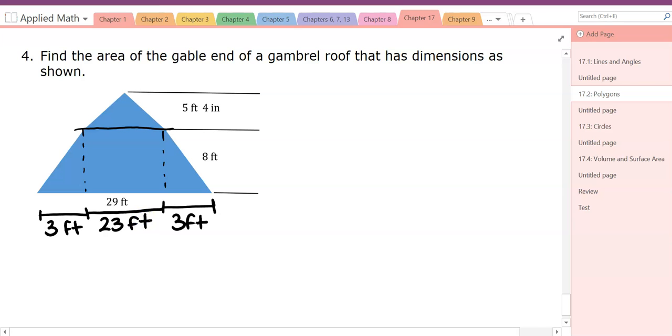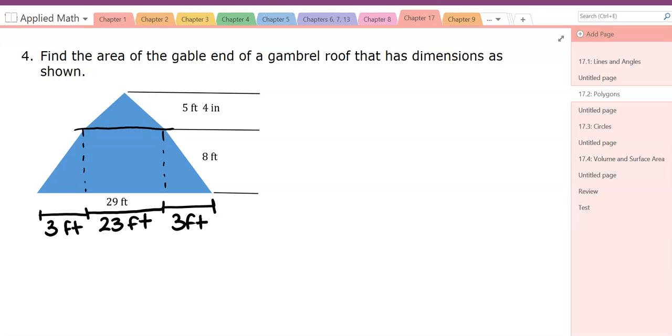That's helpful because we need that 23 feet for the triangle on the top, because the base of the triangle is not the same as the base of that bottom trapezoid. And we also need it for the top of the trapezoid. So what I did is when I drew in the lines there, I created 2 triangles that are equal on either side of that rectangle shape in the middle.